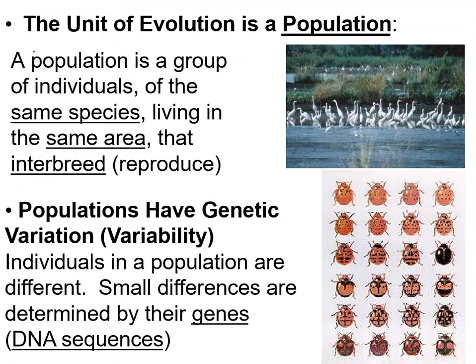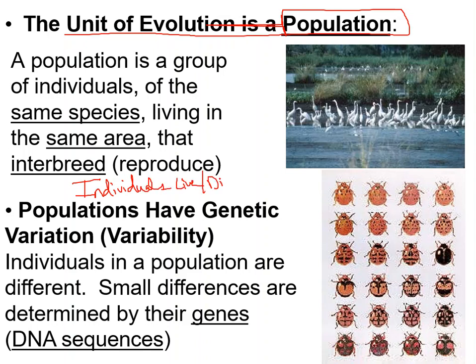So before we continue, I want to highlight again that the unit of evolution is a population. It's a group of organisms of the same species. Remember, you don't evolve. Individuals don't evolve. Individuals live or die. It's the population that evolves.